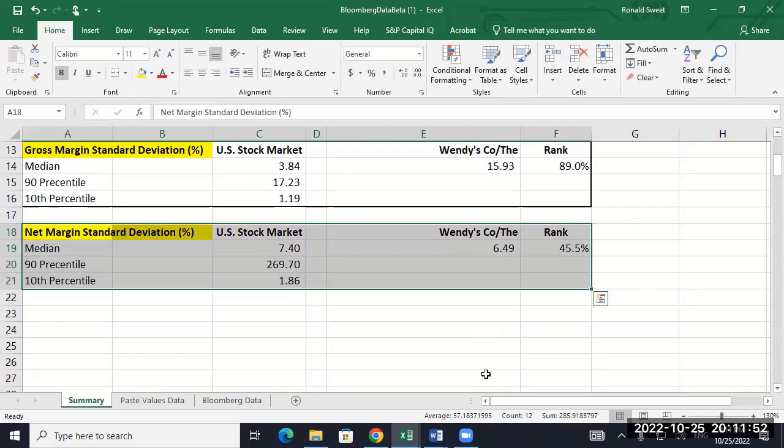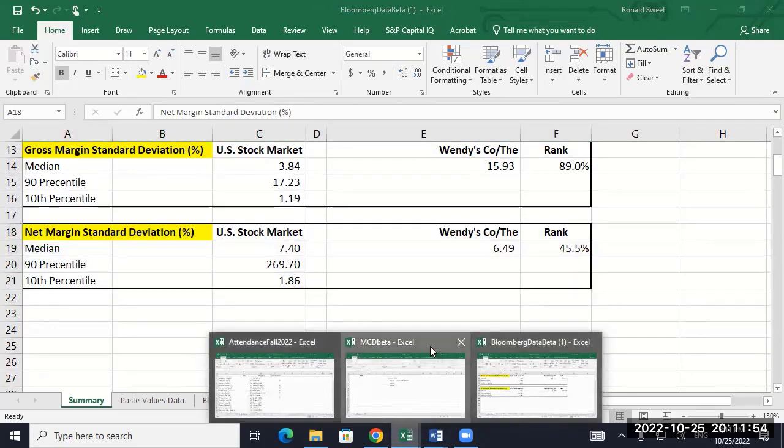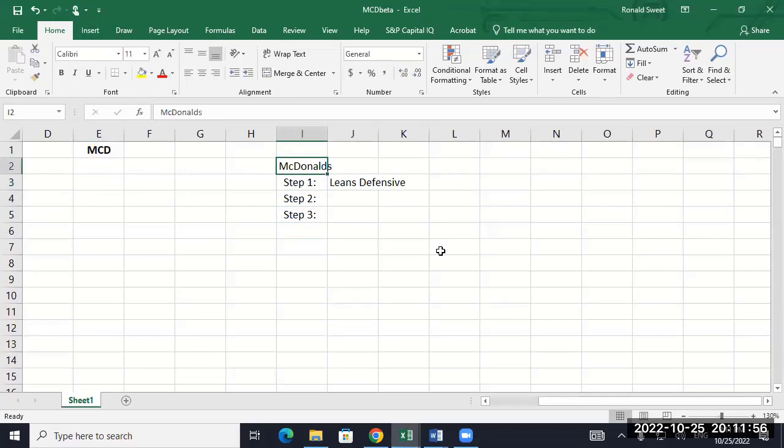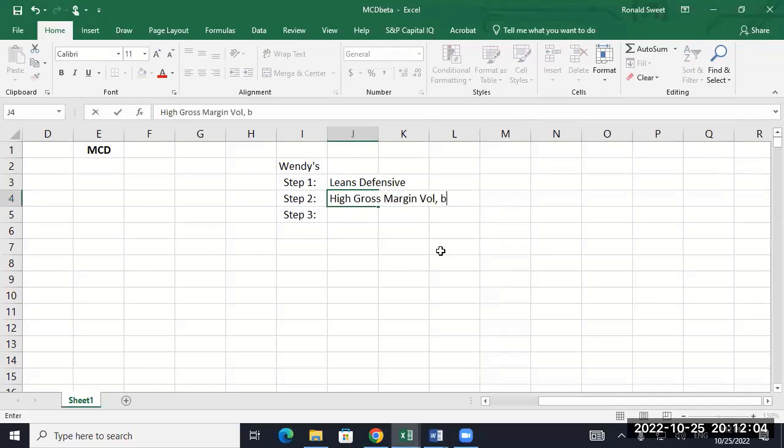So Wendy's has a high gross margin fall, but slightly low average net margin fall.